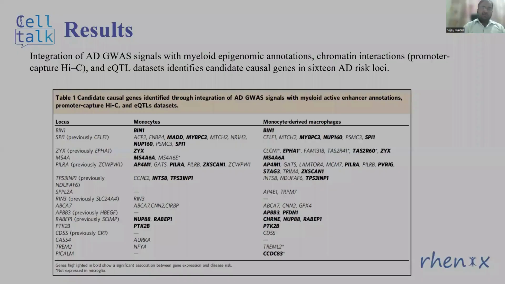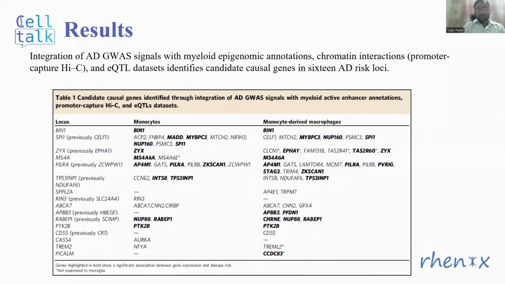In this way, they find different genes as a result of integration of Alzheimer's disease GWAS signals with myeloid epigenomic annotations and chromatin interactions by using promoter capture Hi-C and eQTL datasets, and they find 16 AD risk loci.